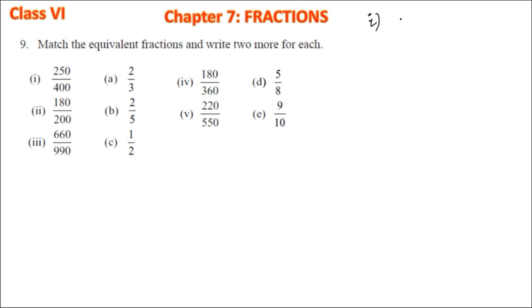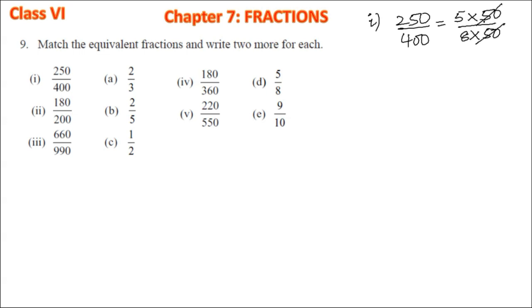Say for the first one, it is 250 upon 400. I have said how to express in the simplest form. We need to divide, and at the end the numerator and denominator should have the highest common factor as 1. In other words, we can simplify this as 5 times 50, and this as 8 times 50.